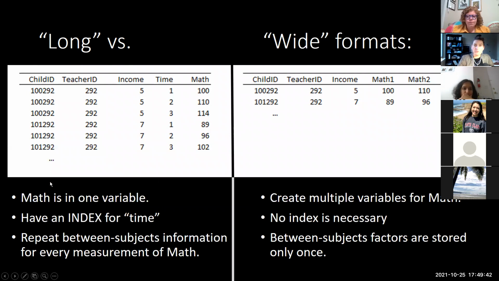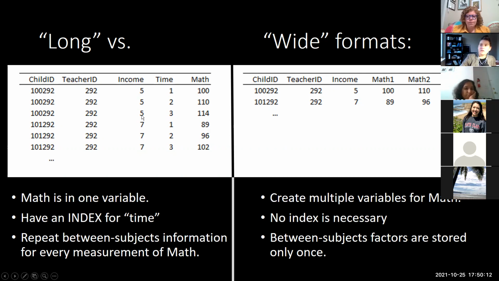First, I have a long format where you'll see I have child ID, teacher ID. So these are all the same teacher. These 3, oh, these are all the same kid. That's not correct. These 3 are one kid and these 3 are a different kid. You see that their ID changes?